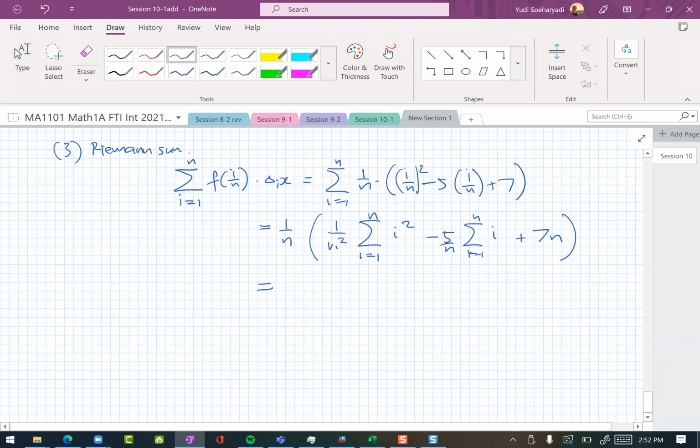Okay, so what we have here, so just 1 over n cubed. We know how to compute this. This gives you n times n plus 1 times 2n plus 1 over 6. That's the formula.